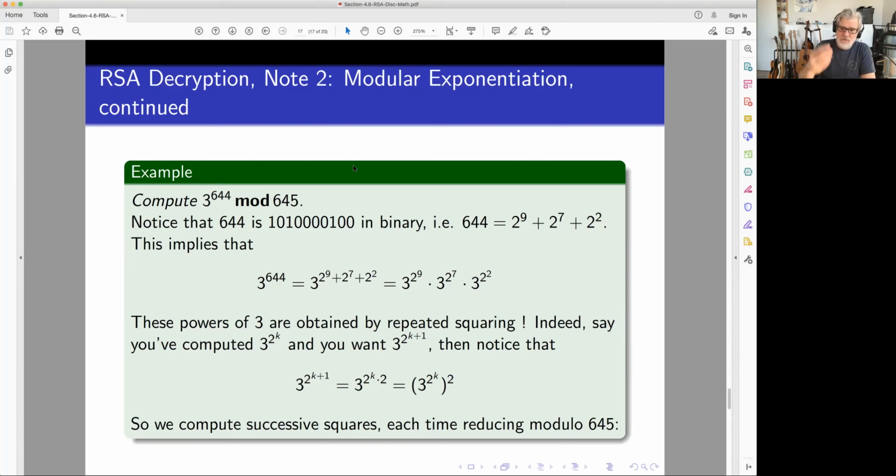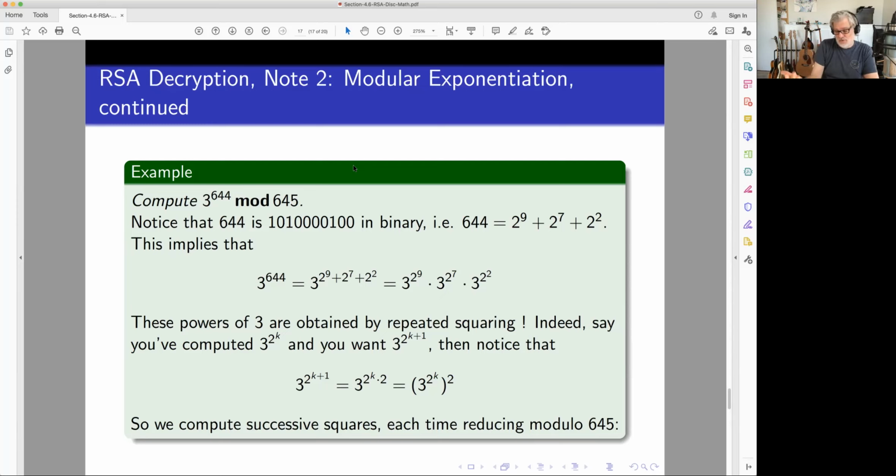Because if you've got 3 to the power 2 power k, and you want the next, 3 to the power 2 power k plus 1, it is 3 to the power 2 power k, all this squared, by properties of the exponents. So to get powers of 3 where the exponent is a power of 2, you do repeated squaring.